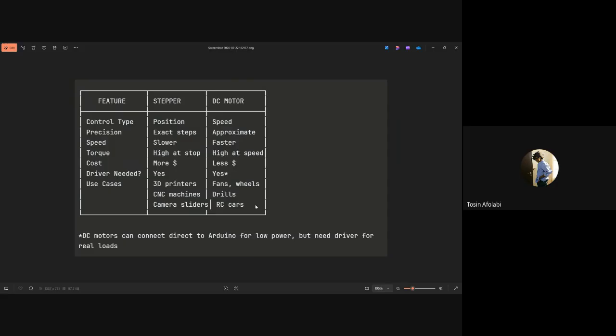For those who don't know, a revolution is completing a full circle. So 200 steps is 360 divided by 200, which is 1.8 degrees per step. That means you can position the motor precisely.